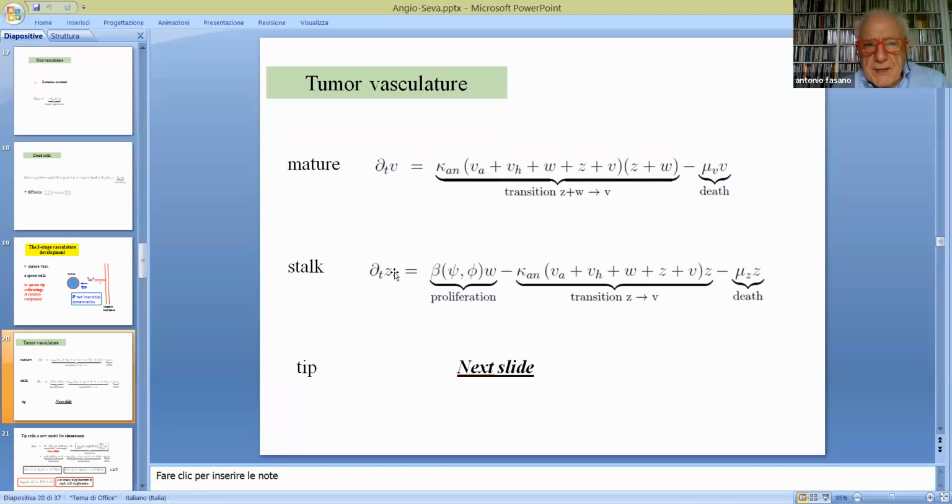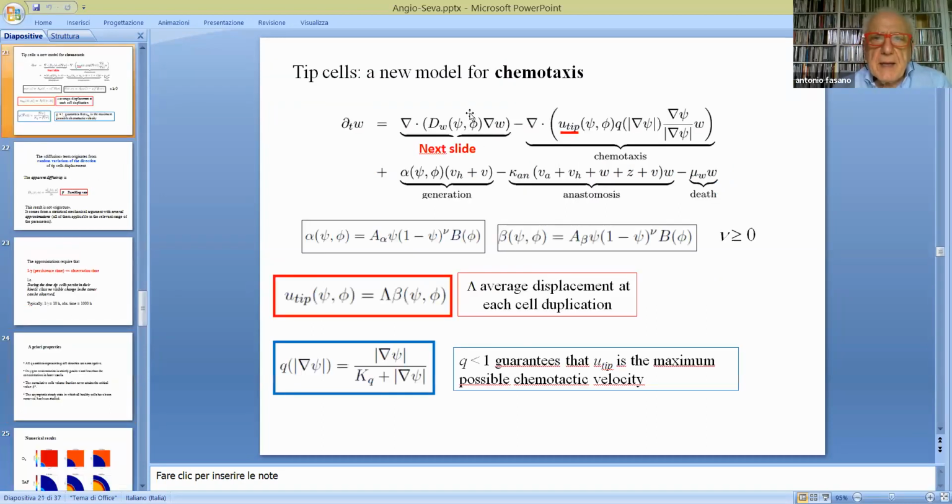And of course, they disappear because of the transition from immature to mature. This is nothing but the positive term we had in the other equation, and there is some death. The tip cells evolve in a quite complicated way, so they need a slide by themselves. And we see here the equations that are rather complicated.